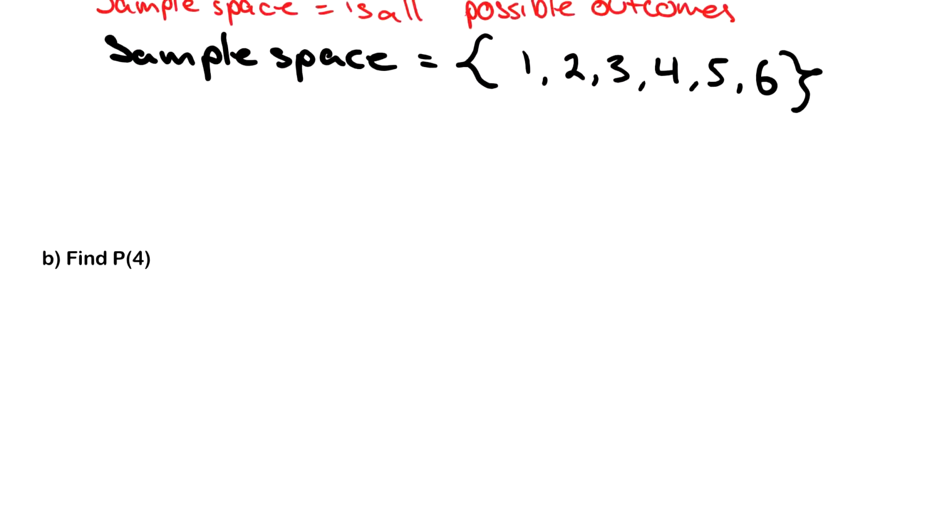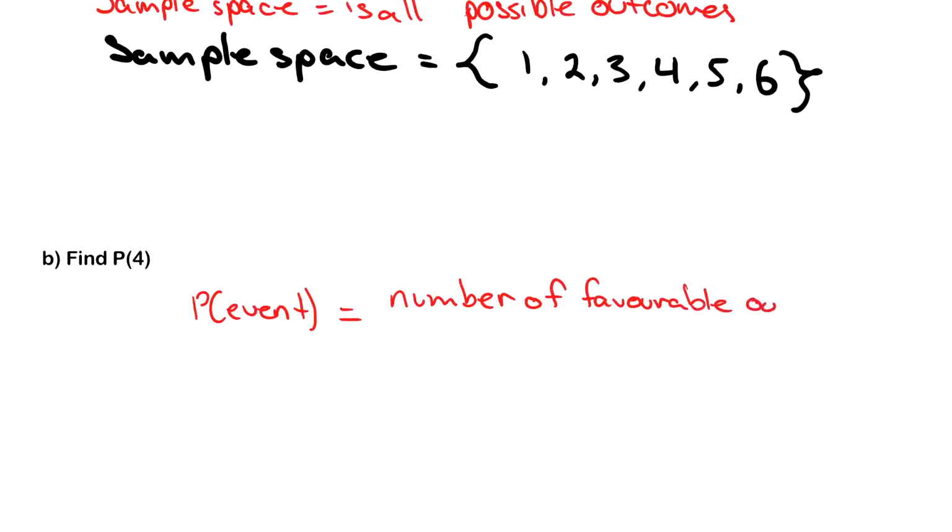Find the probability of P(4). So remember, the probability of an event equals the number of favorable outcomes divided by the number of outcomes.